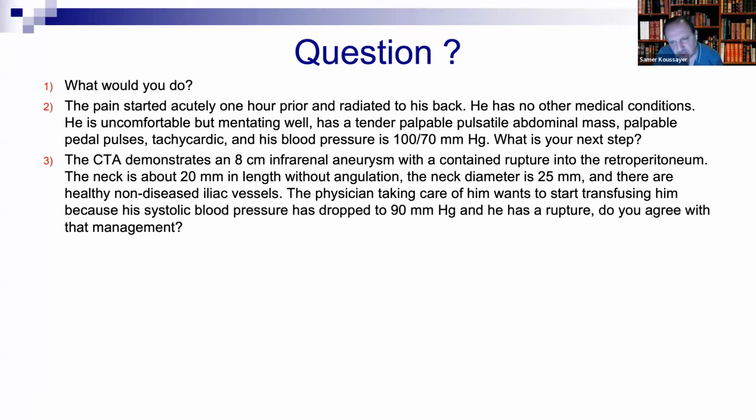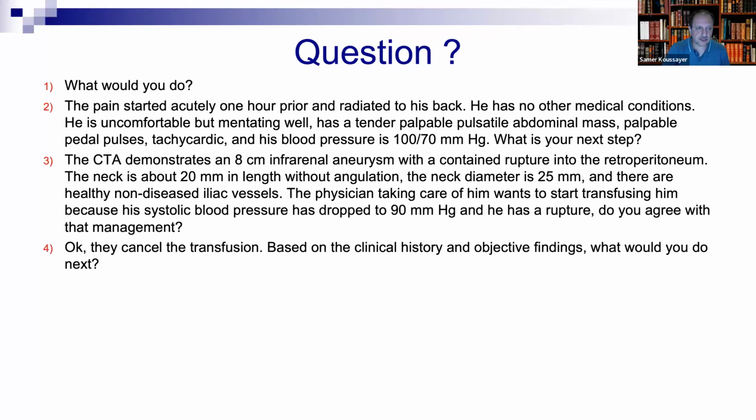Yeah, correct. The most important is level of consciousness, because the blood pressure reading may not be accurate. As long as the patient is talking to you, that means his pressure is above 60 for sure. If it dropped below 60, he would lose consciousness. So as long as he's awake, alert, talking to you, blood pressure is above 60. So I think he's kind of stable. All right, let's go next.